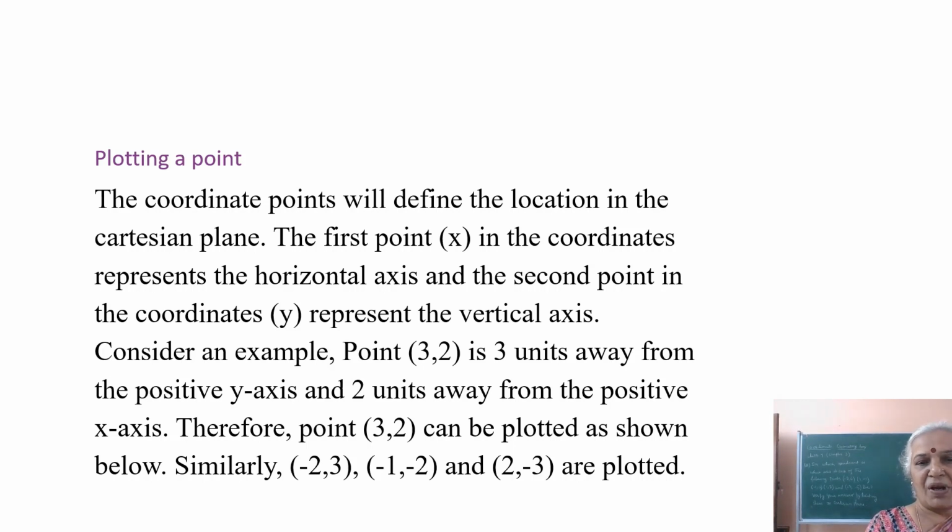Therefore, the point 3, 2 can be plotted as shown below. This you are going to learn in the next slide. And -2 and -3, -1 and -2, this also we are going to plot in the next slide. This -2 and 3 comes in the second quadrant. -1 and -2 comes in the third quadrant, and 2 and -3 we have to plot in the fourth quadrant.